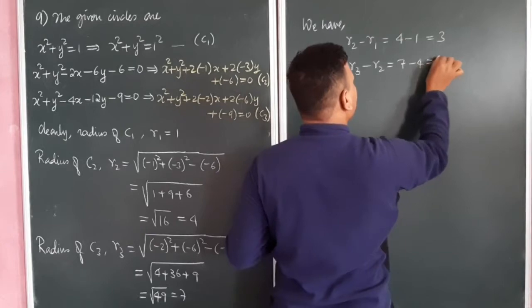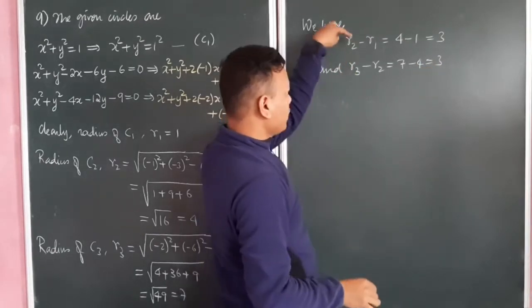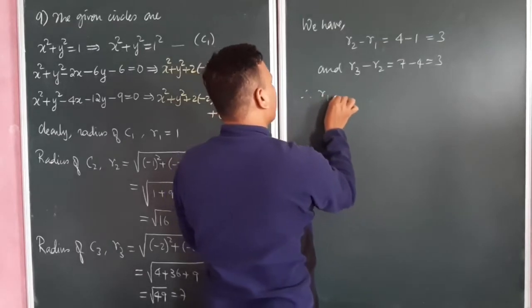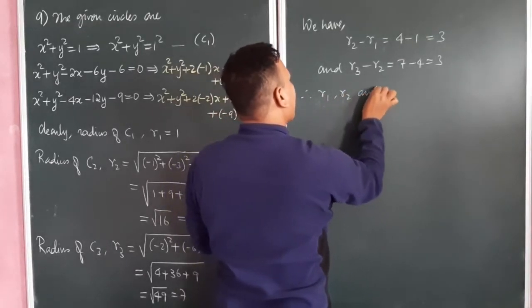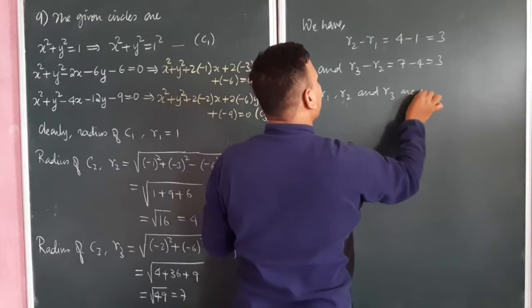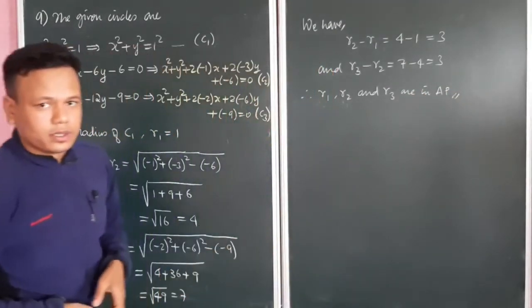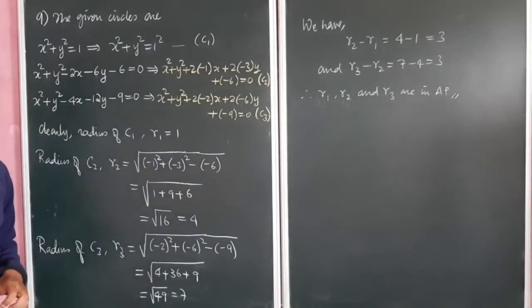Again this turns out to be 3. So that means the common difference is the same, isn't it? Therefore R1, R2 and R3 are in AP. So that's what we needed to prove in this particular case. Pause the video to note down.